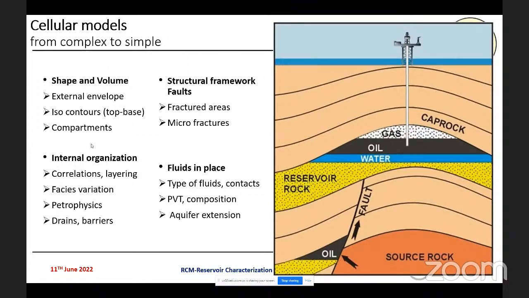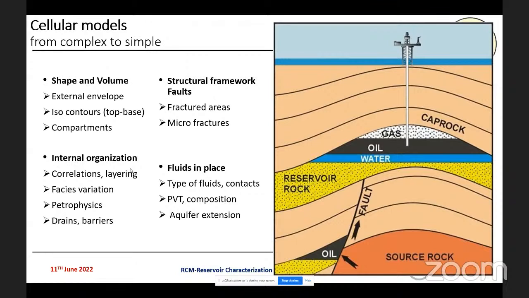And also the second component is the internal organization. The internal organization is how the elements inside are related to each other in a stratigraphic manner, such as the stratigraphic architecture. We said that this can be identified by correlation when we put the wells.